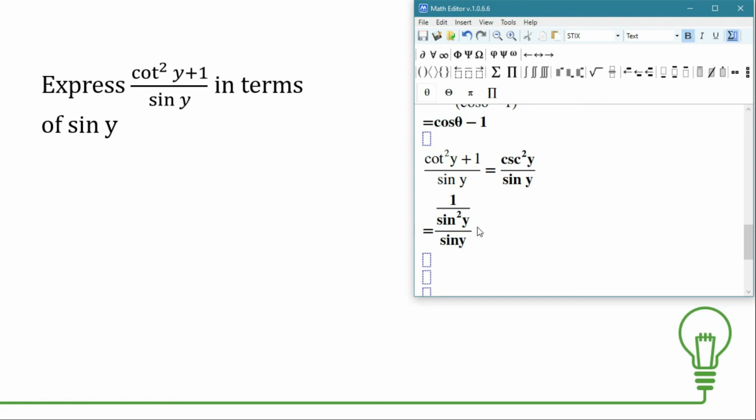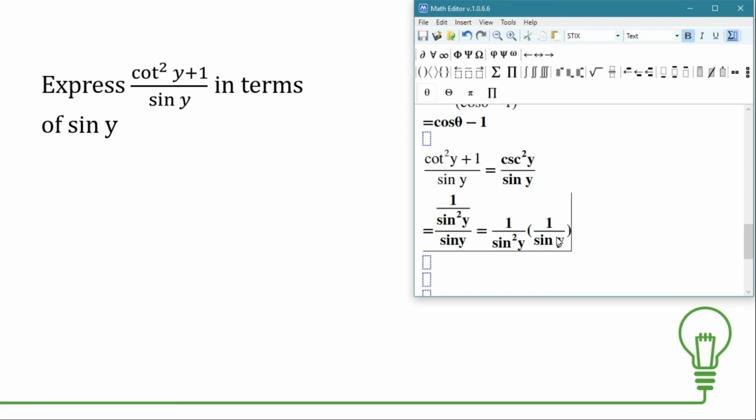Okay, and for us to simplify that, let us just copy the numerator, that is 1 over sine squared y, multiplied by the reciprocal of the denominator, which is equivalent to 1 over sine y. Okay?